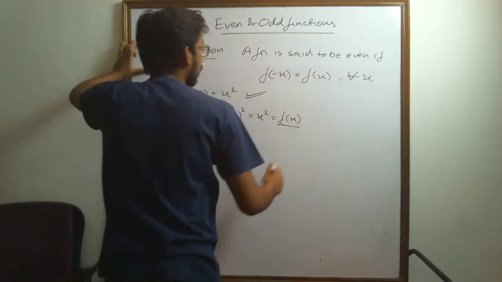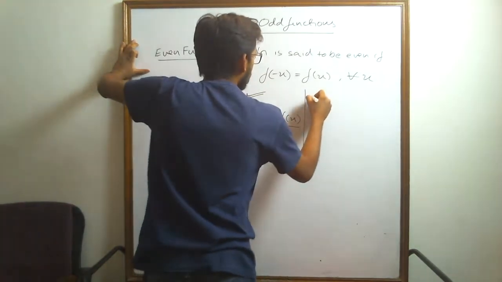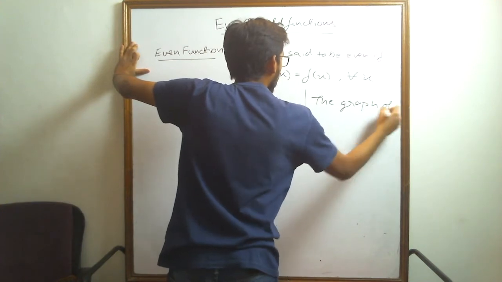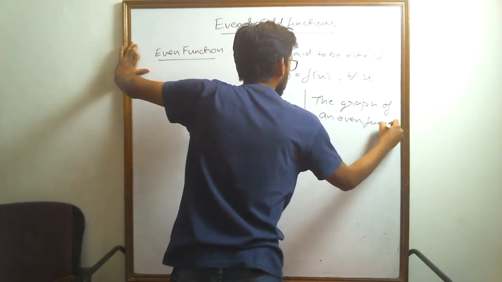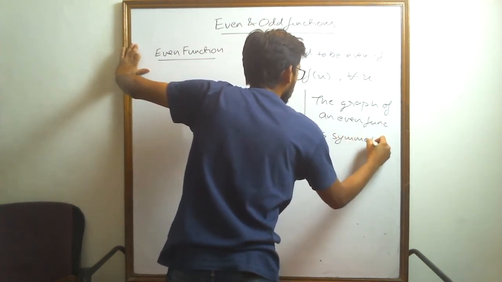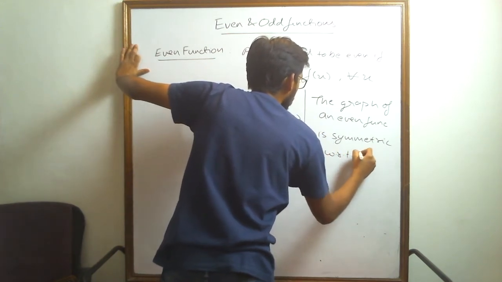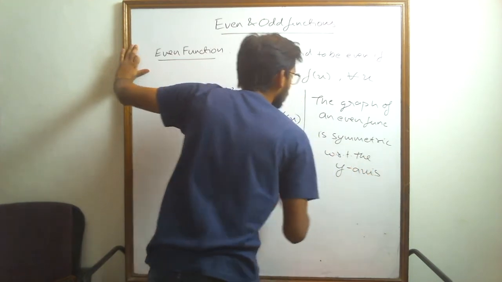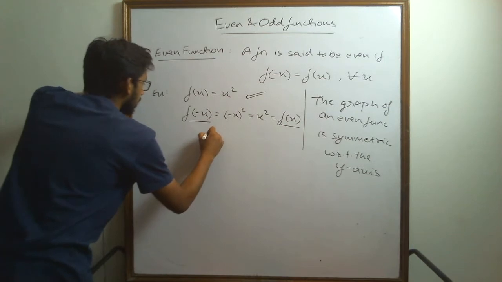Another property of an even function is that the graph of an even function is symmetric with respect to the y-axis. Let's take this function as itself.